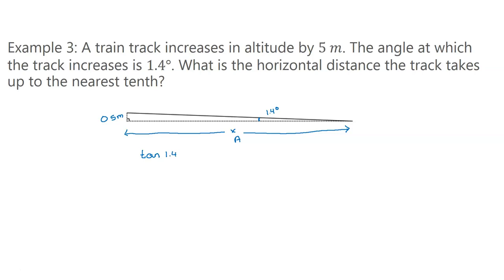Tan of 1.4 degrees equals 5 over x. Cross multiplying, I get x times tan of 1.4 equals 5. Now I'm going to have to divide by tan of 1.4 in order to isolate x.